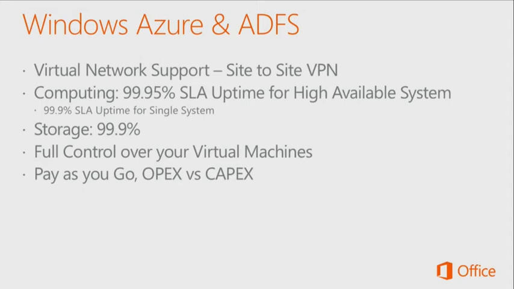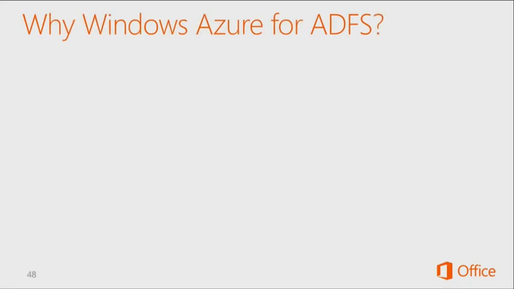We can control a virtual machine in Windows Azure that can run this whole ADFS implementation. It's also pay-as-you-go, monthly service fees, just like Office 365. So you have a monthly service fee for your Windows Azure tenant.